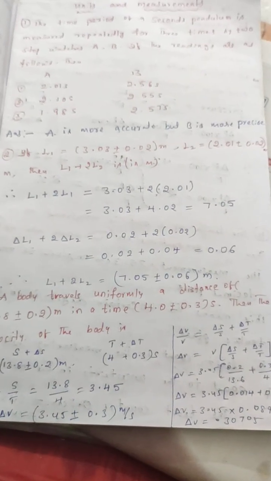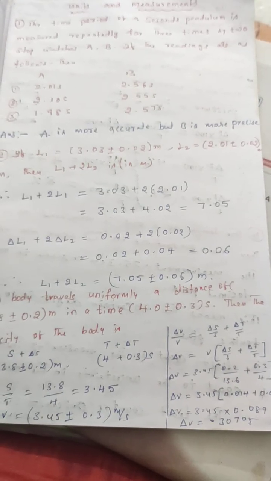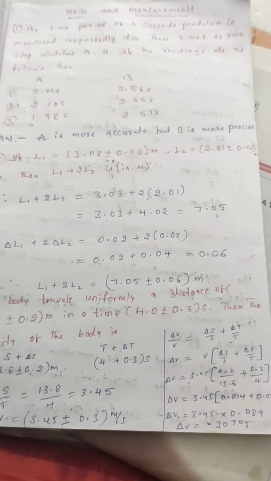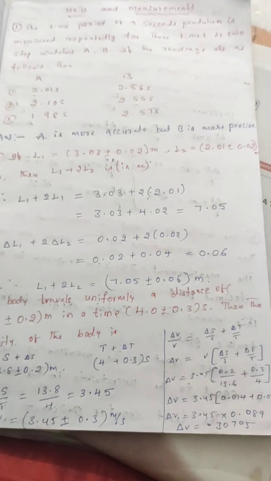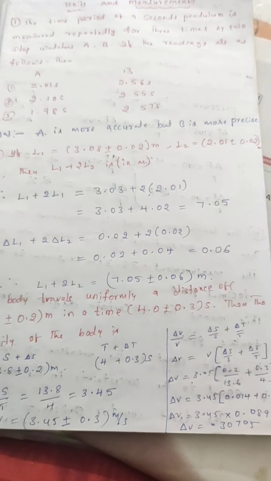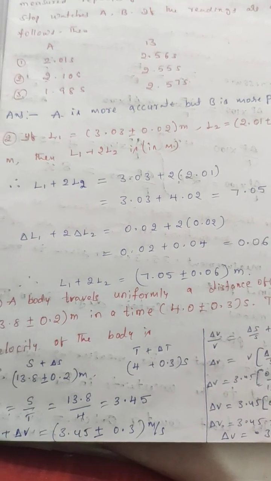Next question. If L1 is 3.01 plus or minus 0.02 meters and L2 is 2.01 plus or minus 0.02, find L1 plus 2 L2. First of all, we should add the true values.